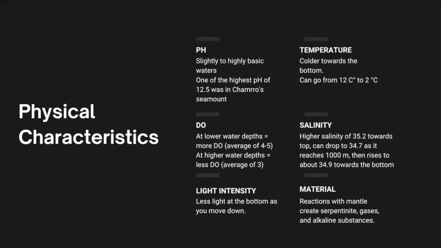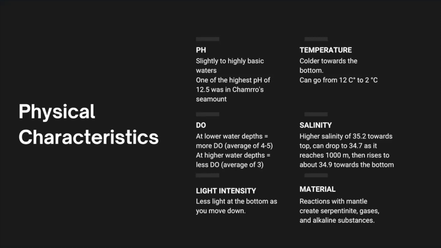The temperature gets colder towards the bottom of the seamount, and it can go from 12 degrees Celsius at the top all the way to 2 degrees Celsius at the bottom. For dissolved oxygen levels, at lower water depths there tends to be more dissolved oxygen, ranging from 4 to 5. At higher water depths, there tends to be less dissolved oxygen, an average of about 3.